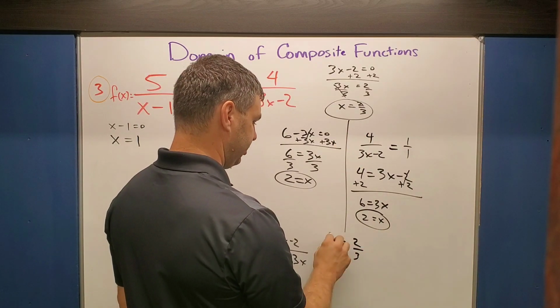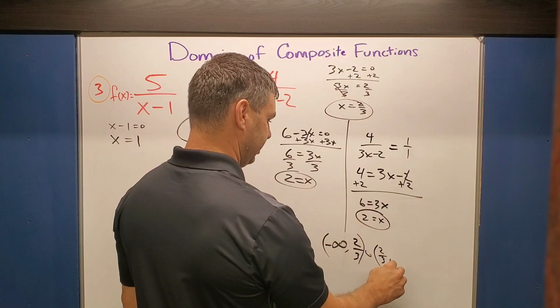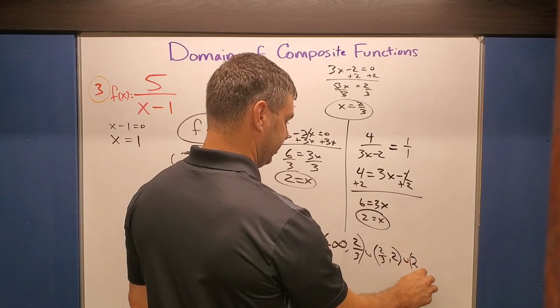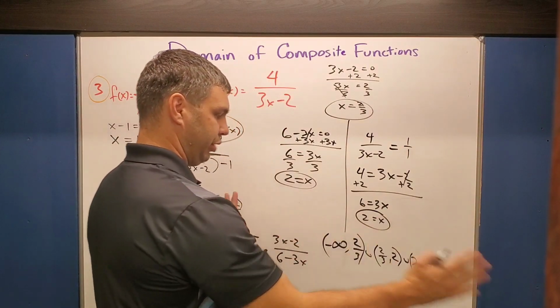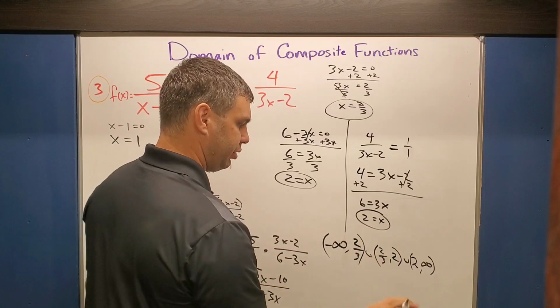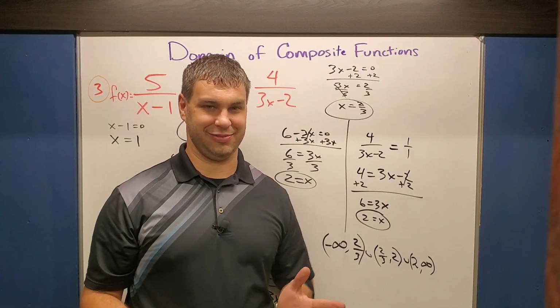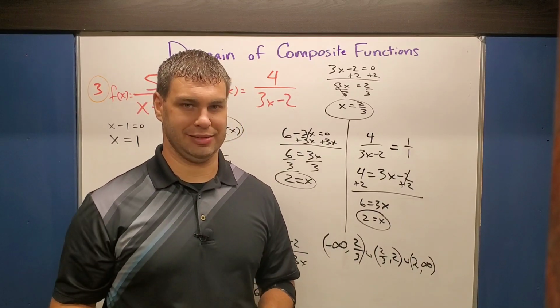So until 2/3, union with the other side of 2/3 until my next number, which is 2, union with 2 until finally I get to infinity. So again, from negative infinity to positive infinity, I'm breaking that up at 2/3, and I'm breaking it up at 2. All right, so that's quite the process to find the domain of these rational functions, but with a little bit of practice, I think you can get it.